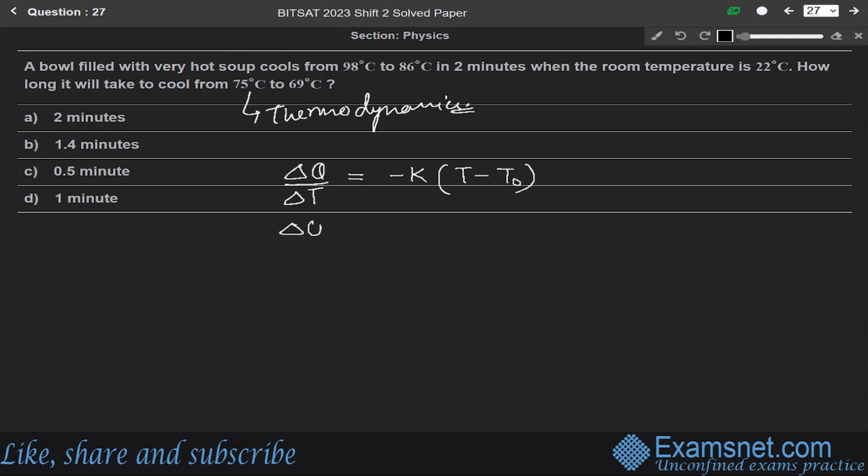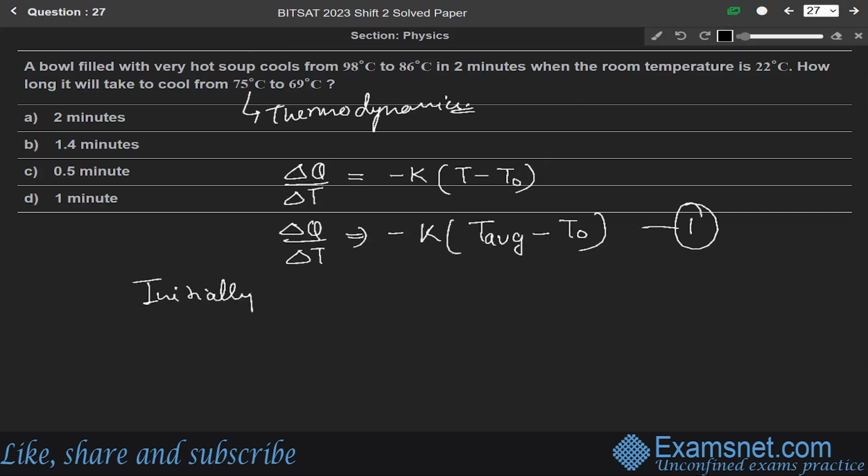So del Q over del T will be equal to minus K, where T is the T average, minus T naught. Okay. So initially, let us say this is 1. T average is equal to what? T1 plus T2 divided by 2. Here in this question, T1 is 98 degrees Celsius and T2 is 86 degrees Celsius.